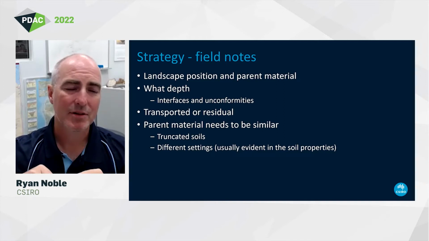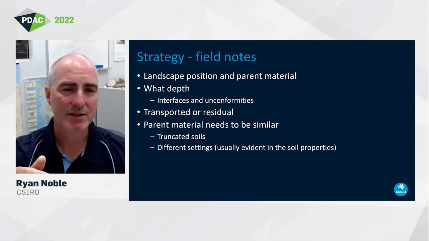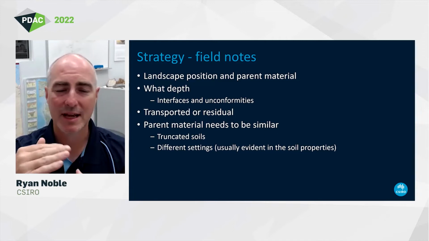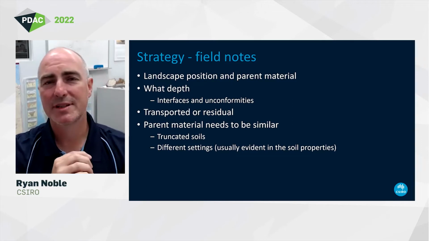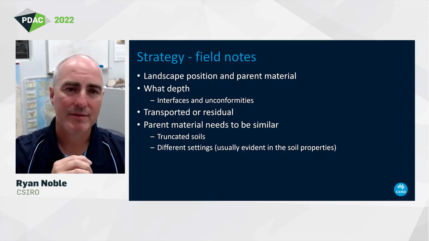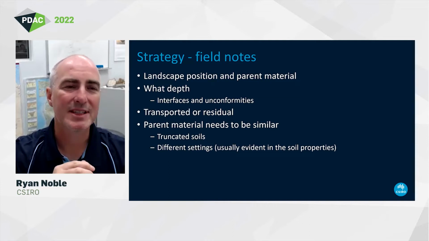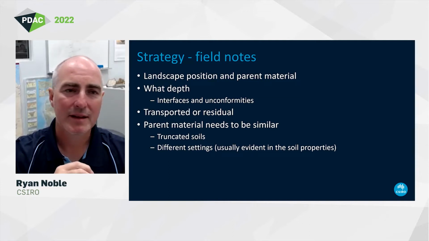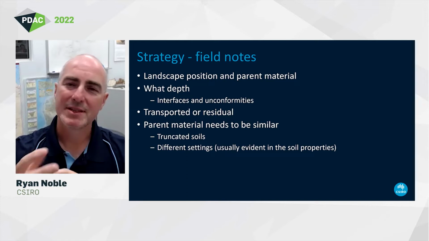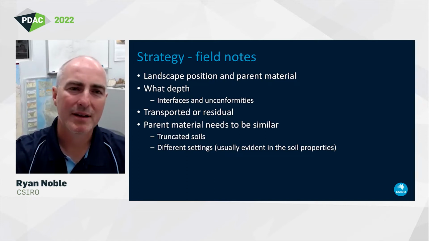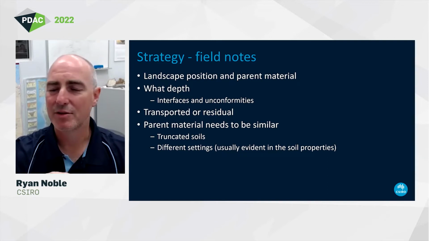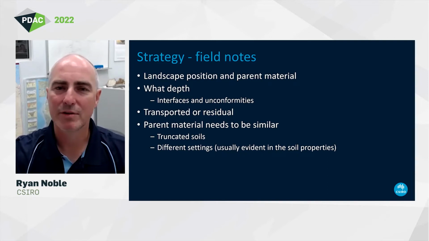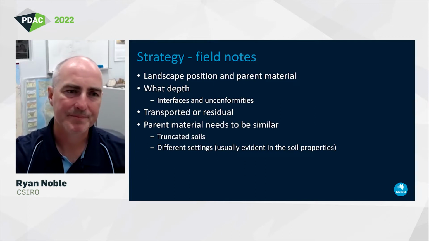The depth, whether you're sampling near surface at a certain depth or morphology within soil profiles, interfaces and nonconformities are something that a number of us are using quite consistently, and some of that is in some of the deeper regolith and sedimentary environments. But these become important sampling zones, and so as long as you identify those early on and are consistent with it, you'll get really good results on a regional soil survey.